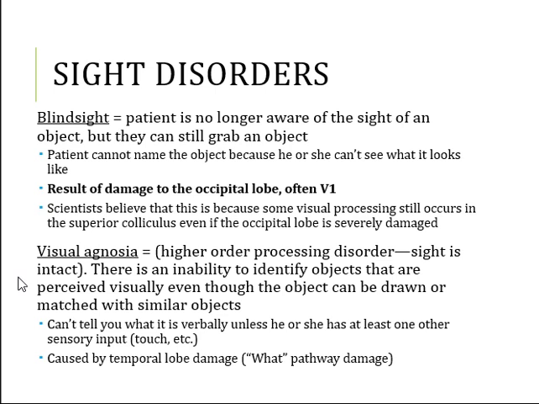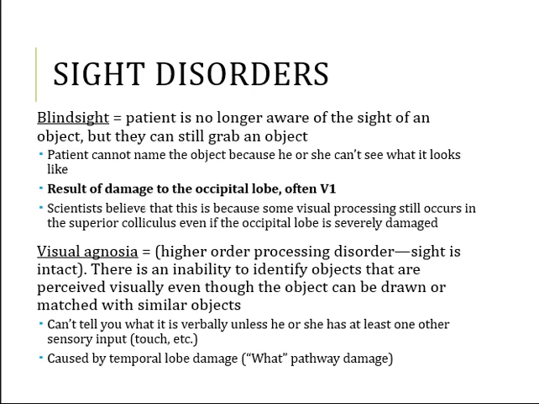Scientists believe that there are some aspects of visual processing from the superior colliculus, which, as you may know or should know, is responsible for simple aspects of visual processing. And visual agnosia, which is a higher processing disorder, sight remains intact. It's the inability to identify objects that are visually perceived even though the object can be drawn or matched.